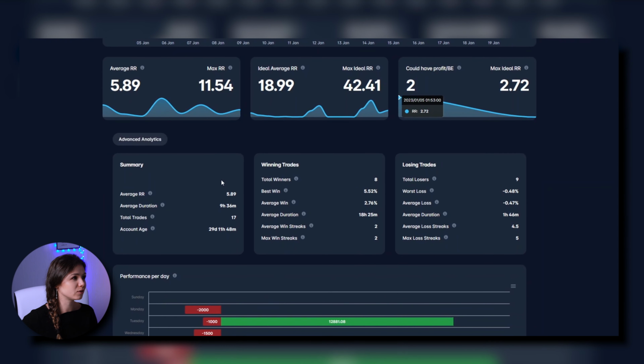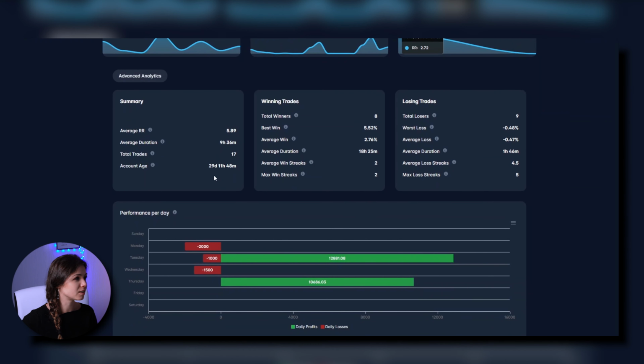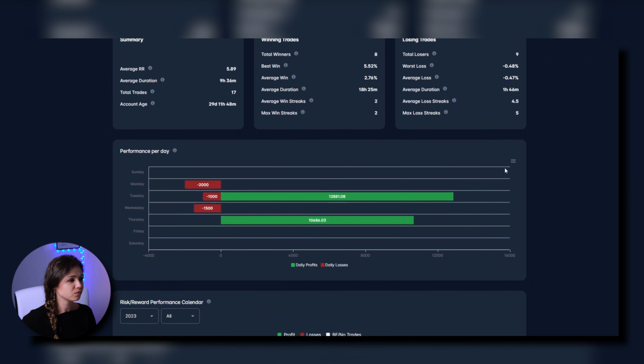So it will be definitely exciting to continue backtesting it, and I can also share the results with you. So we can see that the average duration of the trade was 9 hours, and losing streak is 5, which means that in this case is 3 trades or 2 trades, because we were taking actually 2 positions per idea.